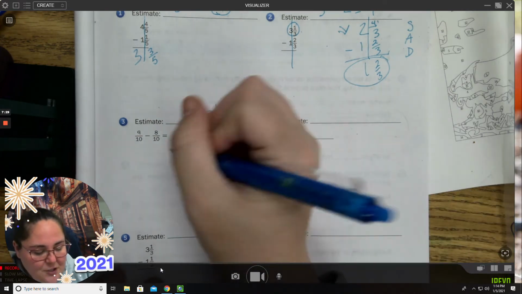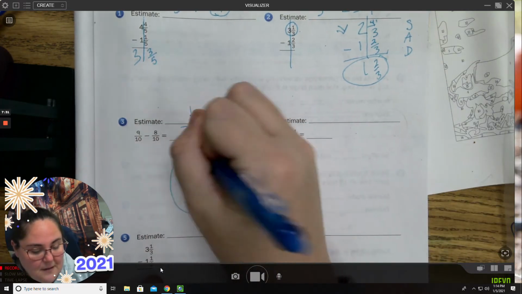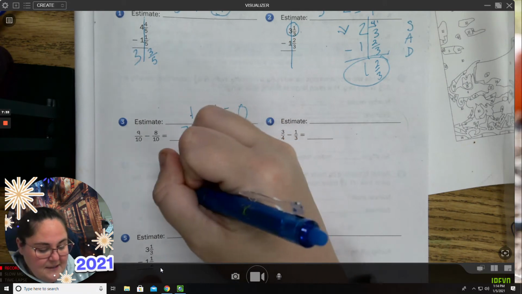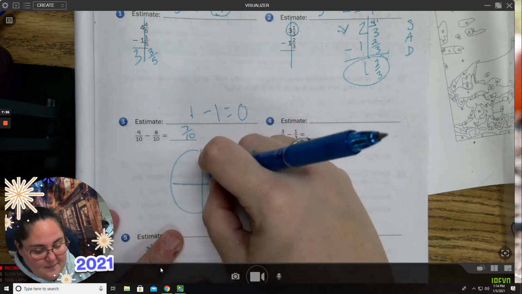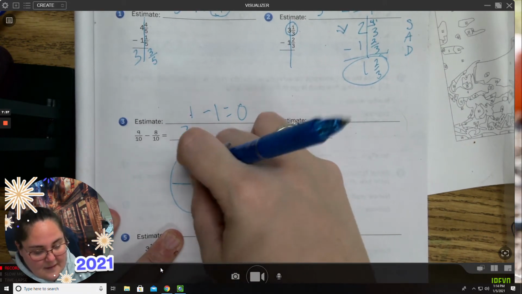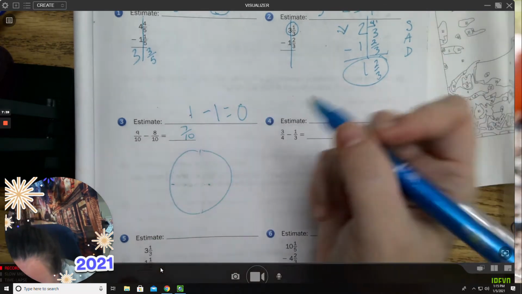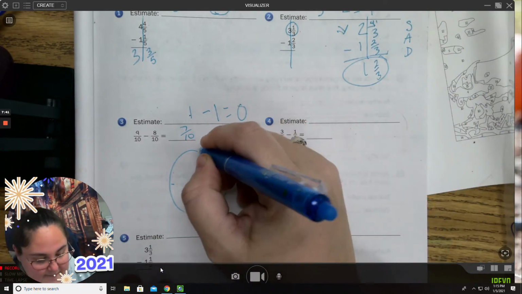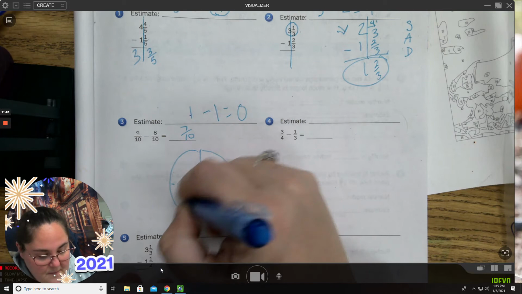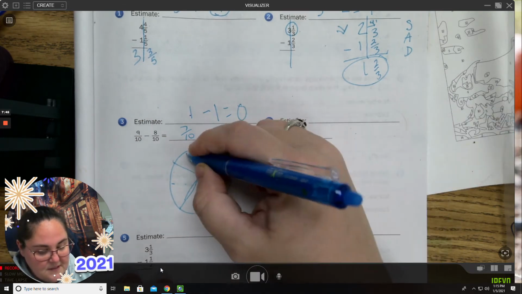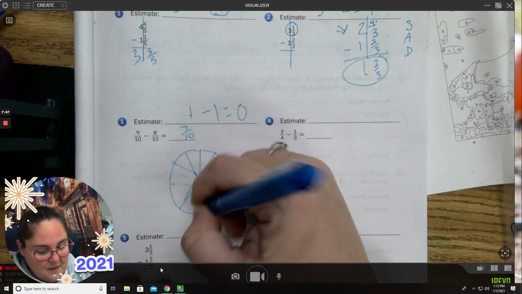I'm going to draw my picture. And I'm going to separate into tenths. There's fifths. There's tenths.